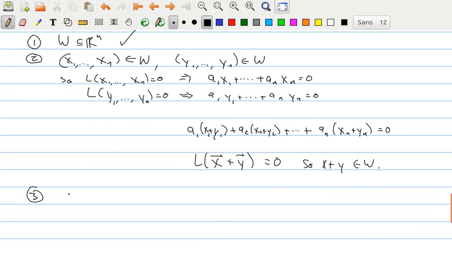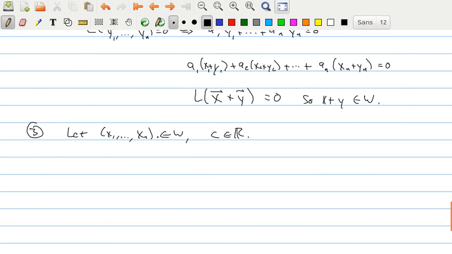Let's look at the second closure property. Let's suppose that x, which has components x1 through xn, is in W, and we'll take a scalar c that's a real number. We want to know, is c times x back in W? Is W closed under scalar multiplication? Well, since x is in W, if I apply L to x, we've got to get 0.